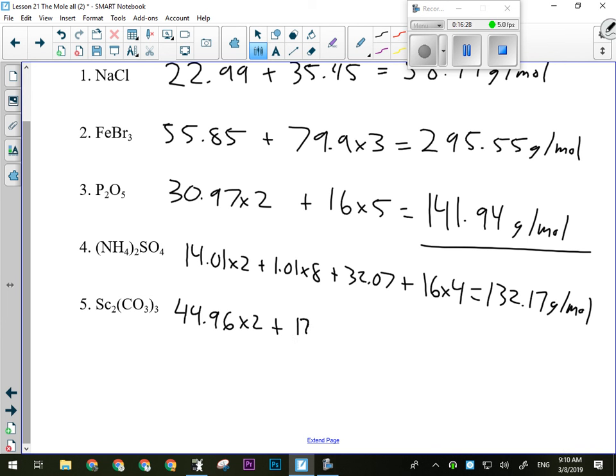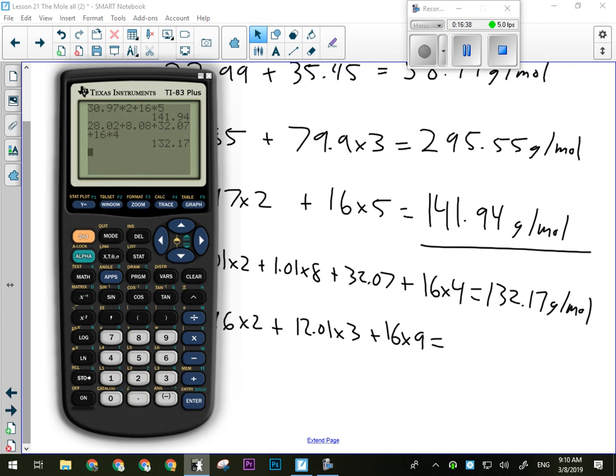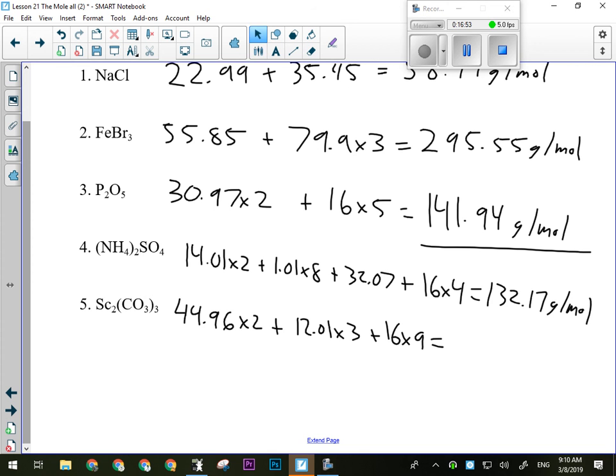Okay, so I'm going to have 12.01 times 3, and I've got how many oxygens? 9. All right, so we got 44.96 times 2 plus 12.01 times 3 plus 16 times 9. 269.95 grams per mole.